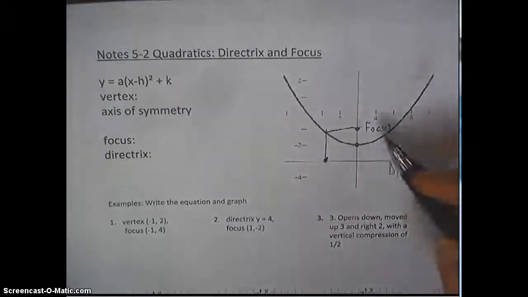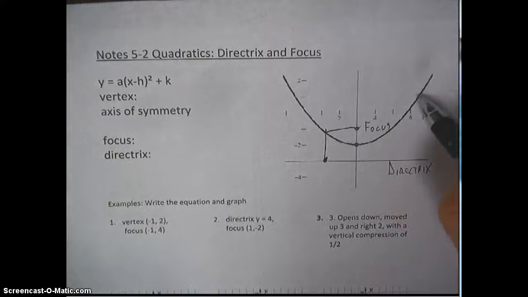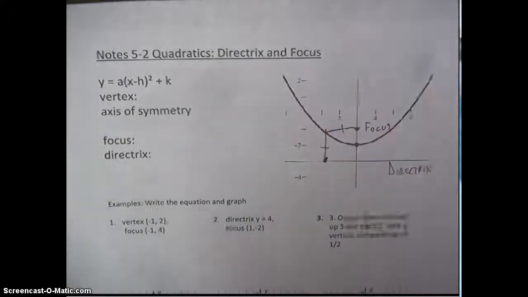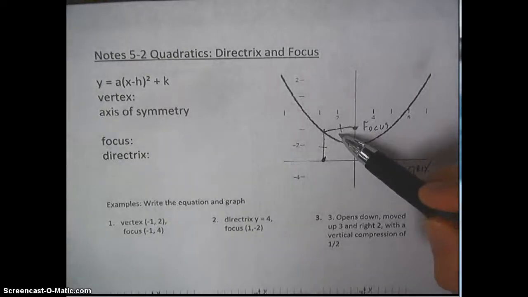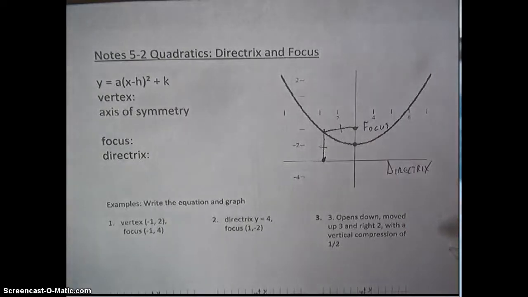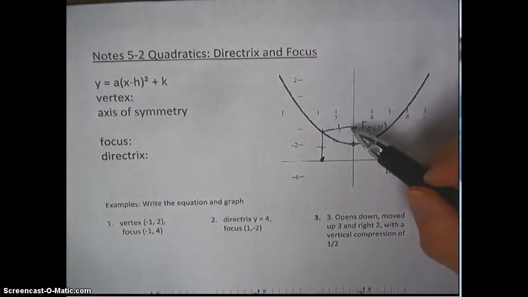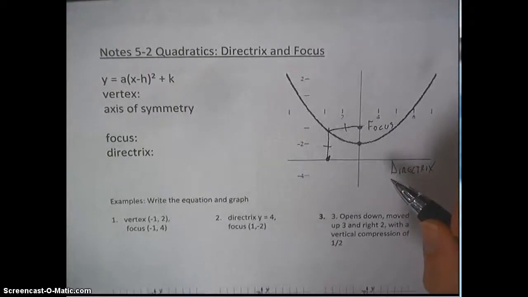Well, the definition of a parabola is an infinite set of points, and every point on that parabola is equidistant from the directrix to the focus, meaning this line segment and this line segment are congruent. So all these points on this parabola are equidistant from the focus and the directrix. That's the definition of a parabola in geometry.